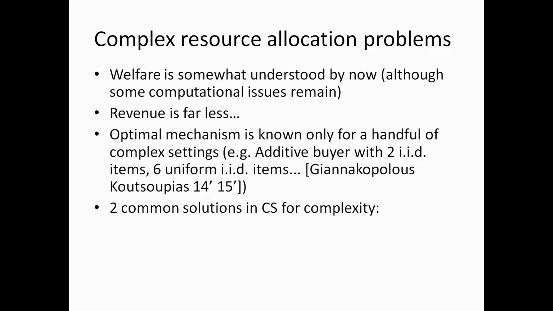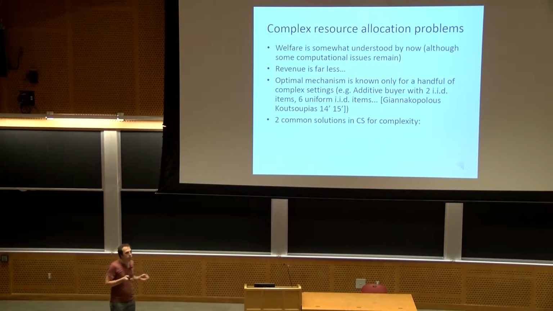The optimal mechanism in complex settings is known only for a handful of such settings, such as maybe an additive buyer with two items distributed identically and so on. But if you want something more general, we don't know how to characterize the optimal mechanism. There are some very specific tailored special cases for which we can characterize the optimal mechanism, but otherwise we quickly run into many barriers.